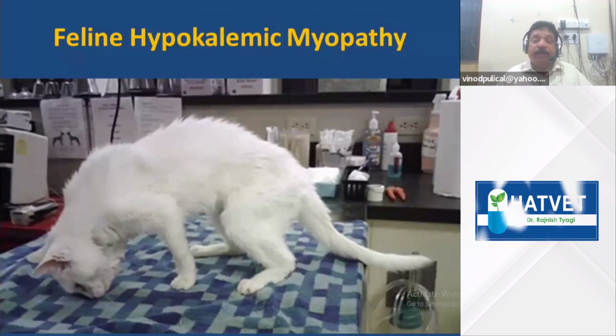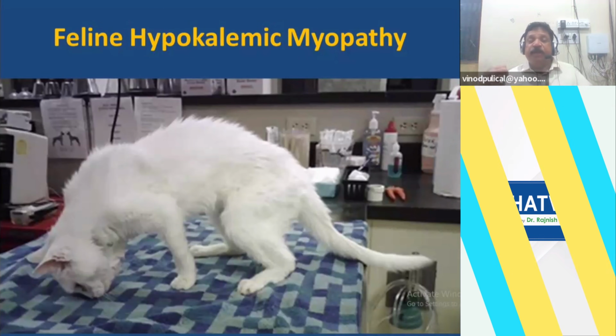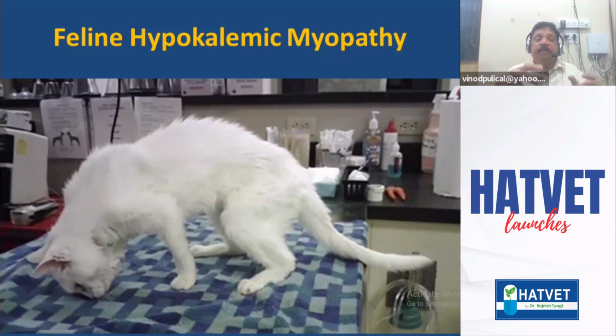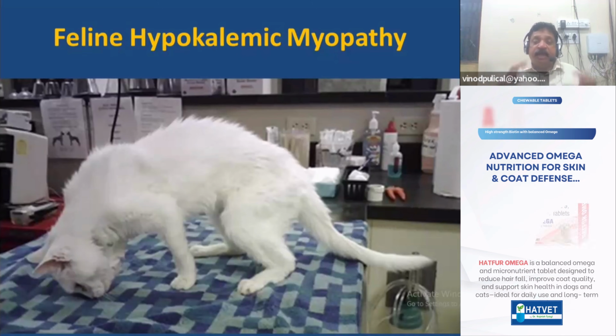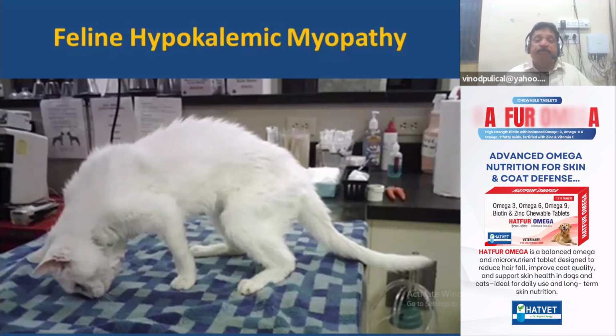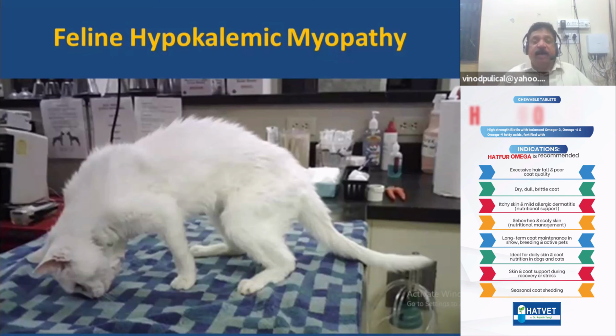And so, when there is hypokalemia, the cat assumes this type of posture. It is a highly pathognomonic posture of feline hypokalemic myopathy. There will be severe ventroflexion of the head, and sometimes the nose will be touching the ground or the tabletop. But it can move.